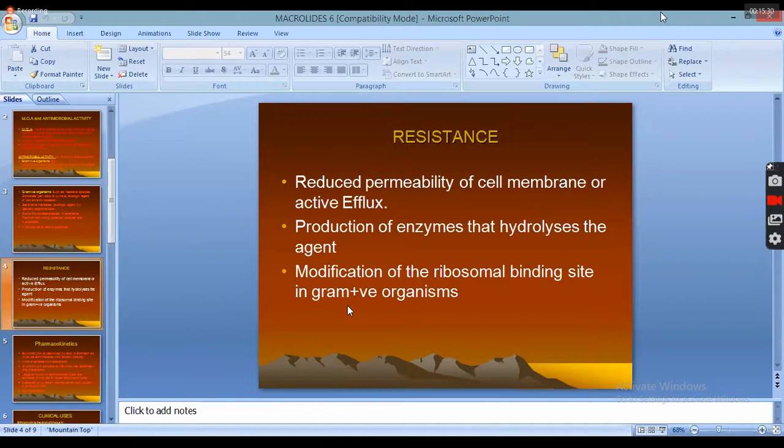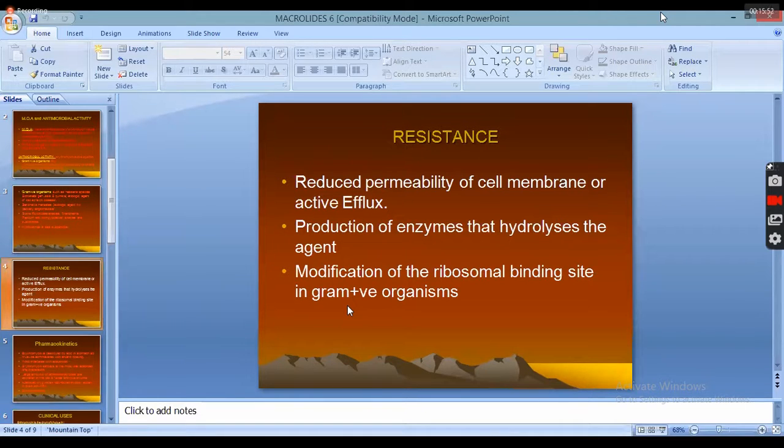And if the person shows resistance, this is why I'm trying to explain to you why the resistance develops. So we are not going into the details of what you would do when you become doctors, but this is the basis of the resistance: the porin channels, anything that is going to reduce the permeability of the drug to enter into the cell.